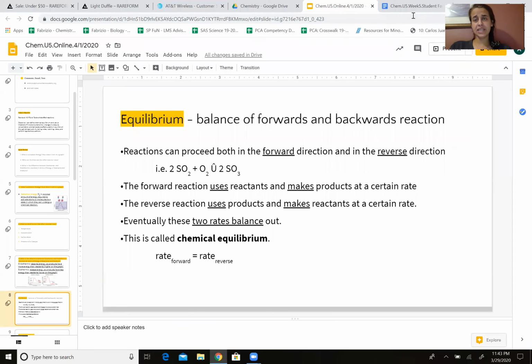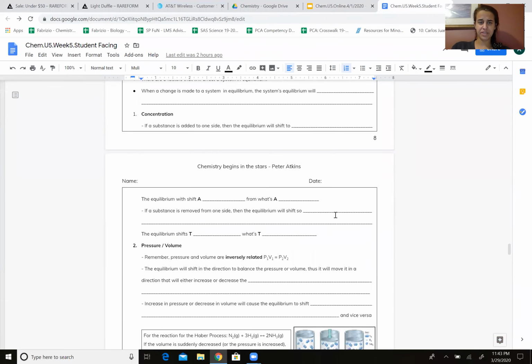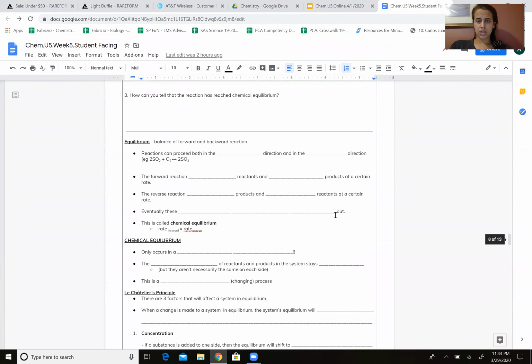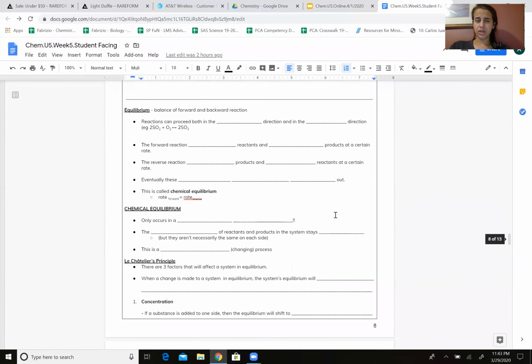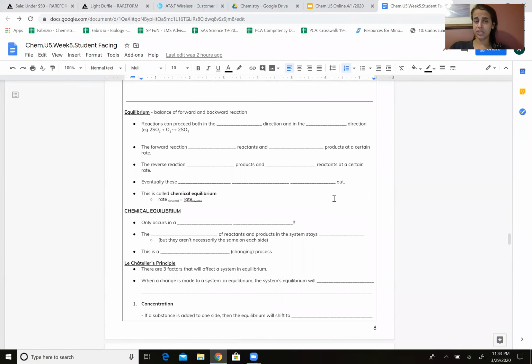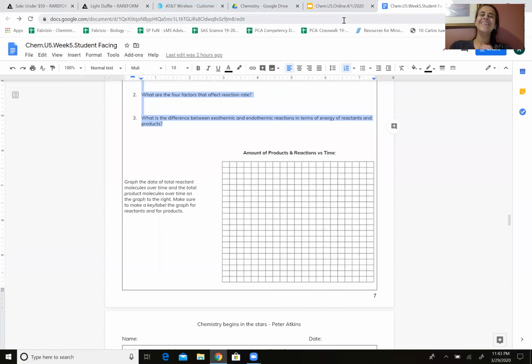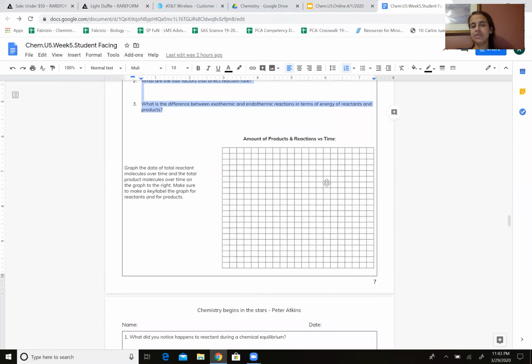So we have some notes to take. You guys can just follow along throughout a page and a half of notes from page 8 to page 9. Actually, I'm sorry. We're going to do a quick activity together. So I want us to visualize how products versus reactants are over time.